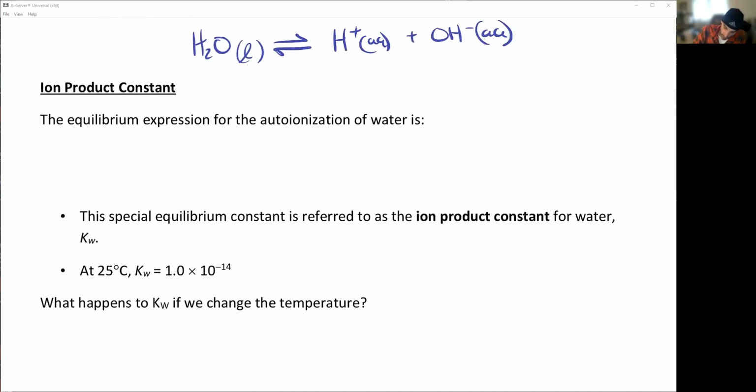So let's draw an equilibrium expression for this. We're going to call this Kw, which is the ion product constant of water. And Kw at 25 degrees is 1 times 10 to the negative 14. Kw is just an equilibrium expression, so we know how to do equilibrium expressions: concentration of products over concentration of reactants.